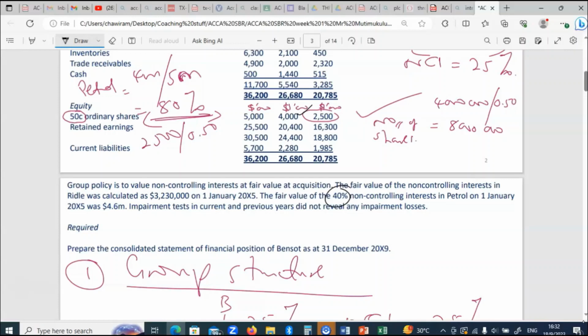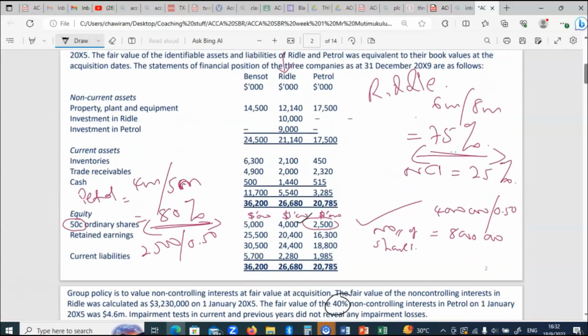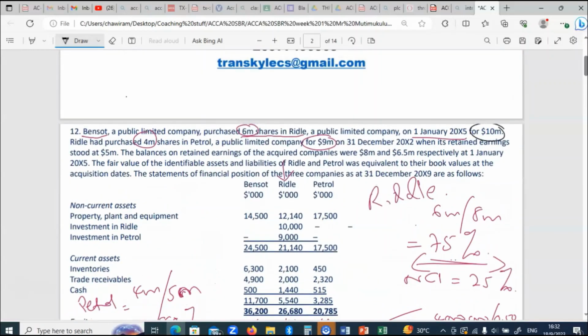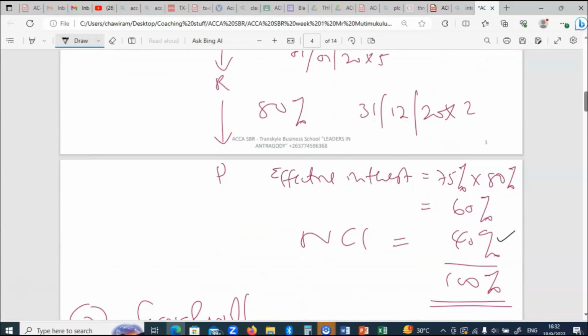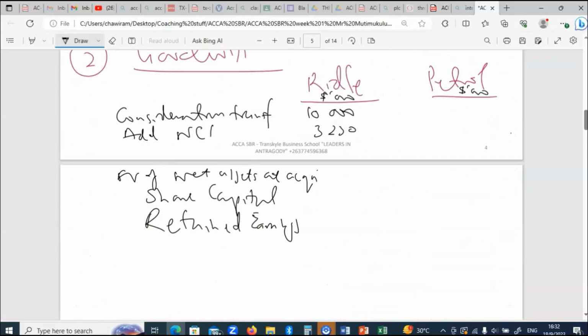But for the retained earnings, we are told that at that date the retained earnings were 8 million for Ridu and 6.5 million for Petrol. So 8 million for Ridu. You can slot them in: this was 4 million and these ones were 8 million. I'm trying to create a column here.